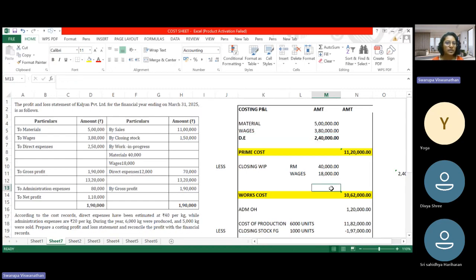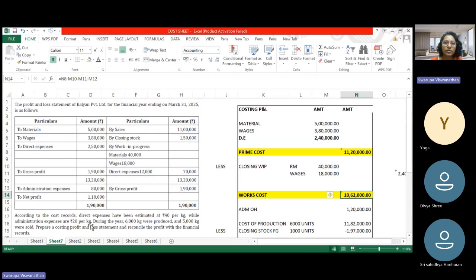Okay, so prime cost minus your WIP with respect to raw material and wages. Direct expenses, we have a separate calculation, so we don't go with the adjustments in the financials. We'll get the works cost. Now next, we need to add admin overheads to get cost of production, and then adjust the closing stock of finished goods to get the cost of goods sold. Admin overheads is 20 per kg.